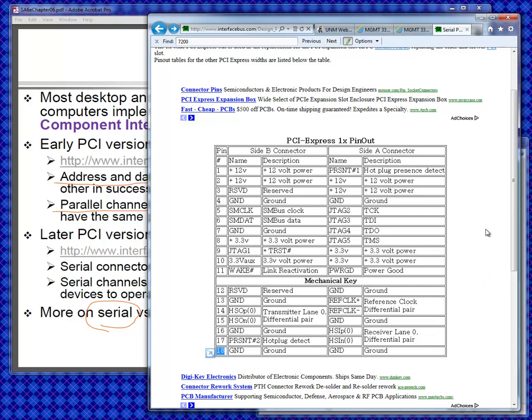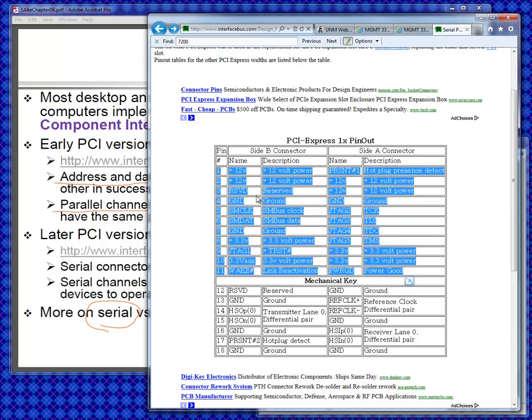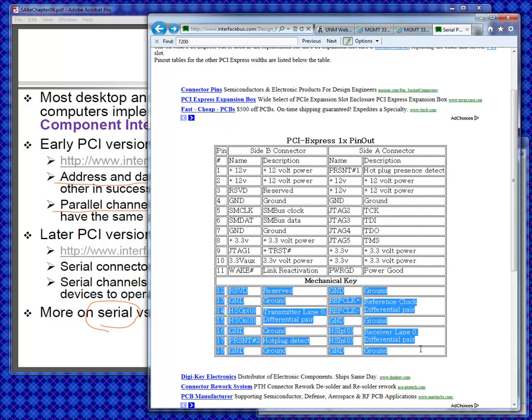We can roughly divide these into two subsets. From 1 to 11, we can pretty much think of all of this as the control bus, and from 12 to 18, we can pretty much think of this as the data bus.